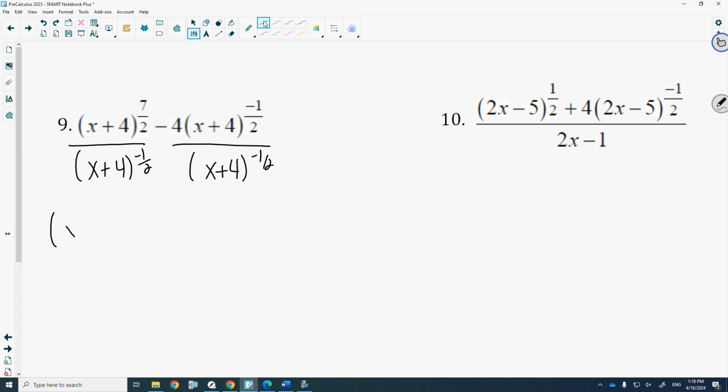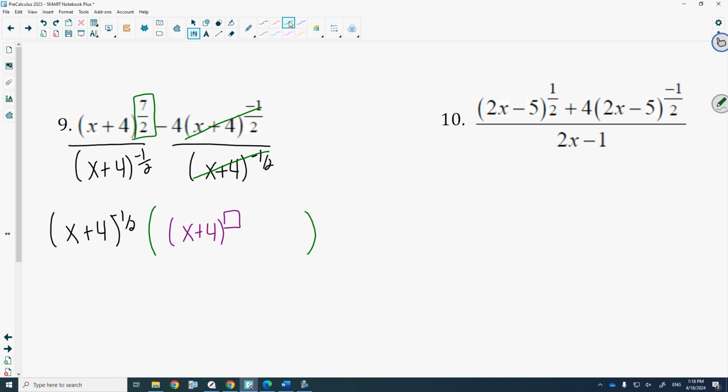Okay, whatever your GCF is goes in front of your bracket. Answer goes in the bracket. Now this will cancel on this side, and I'm going to have like a minus 4 at the end. But let's figure out what we would have here. So I would have this bracket, and I need to figure out what the new exponent on the bracket will be. So x plus 4 to what power?